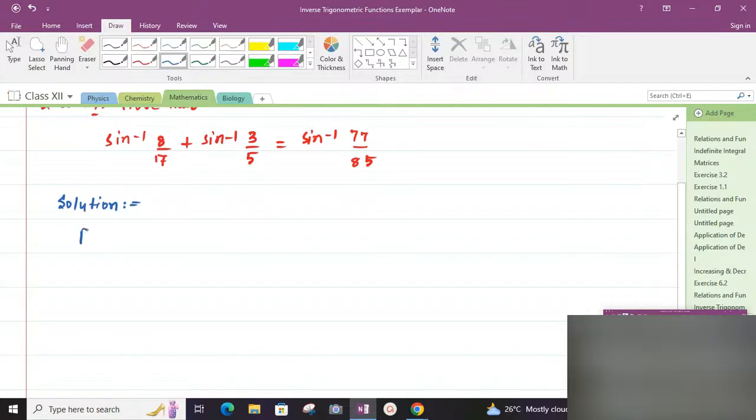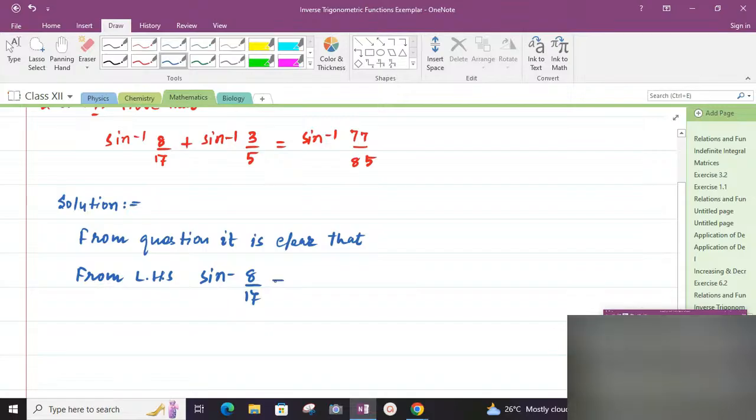From the question it is clear that, let's see from LHS: sin inverse 8 by 17 plus sin inverse 3 by 5.